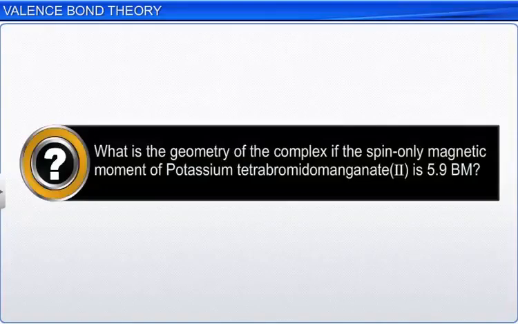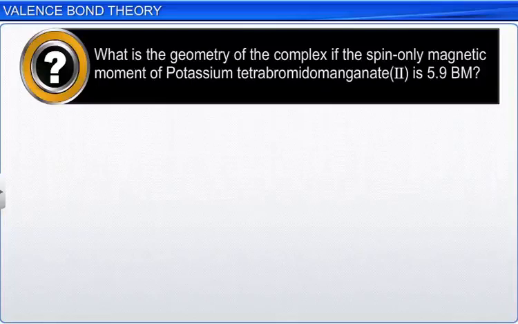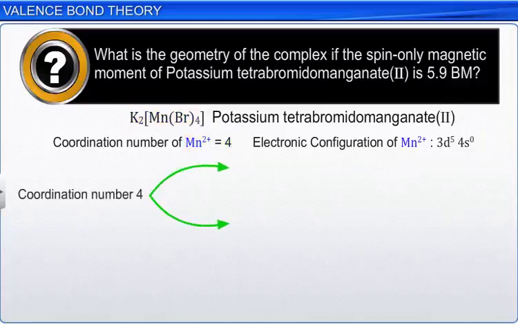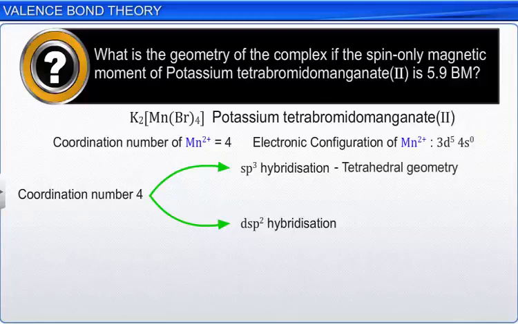Here is a question for you. What is the geometry of the complex if the spin-only magnetic moment of potassium tetrabromido manganate(II) is 5.9 Bohr magnetons? The coordination number of the Mn2+ ion in the given complex is 4. Hence, it may either undergo sp3 or dsp2 hybridization, and may have either tetrahedral or square planar geometry.